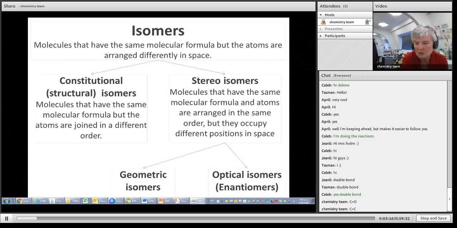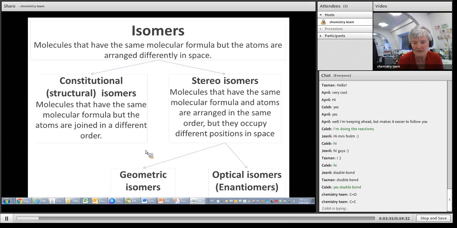At level 2 you didn't do the carbonyl really, apart from carboxylic acid, so it wasn't as important. Okay, and so you need the same molecular formula, you need the carbon-carbon double bond, and there needs to be one more thing before you're going to get isomers, because not every alkene can form geometric isomers.